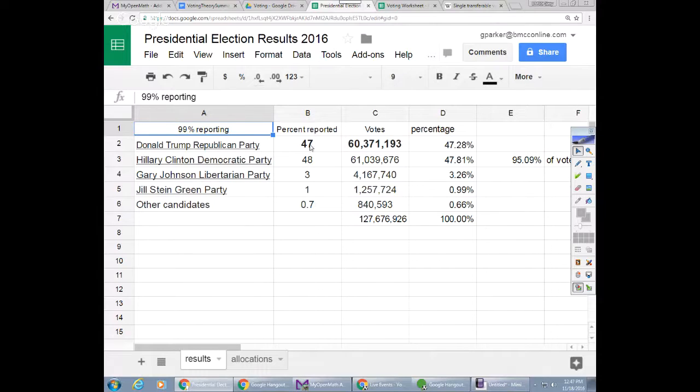Their website reported that Donald Trump had 47% of the popular vote, Hillary Clinton had 48%, Gary Johnson 3%, Jill Stein about 1%, and other candidates combined had about 0.7%. How many other candidates were there? A lot. If you look at the list, I was shocked at how many different other candidates there were. And they weren't listed in every state, which is interesting.